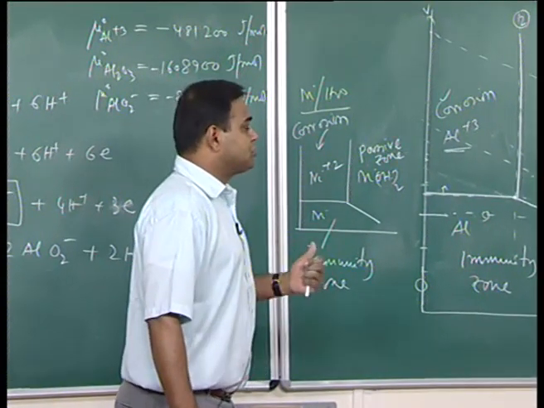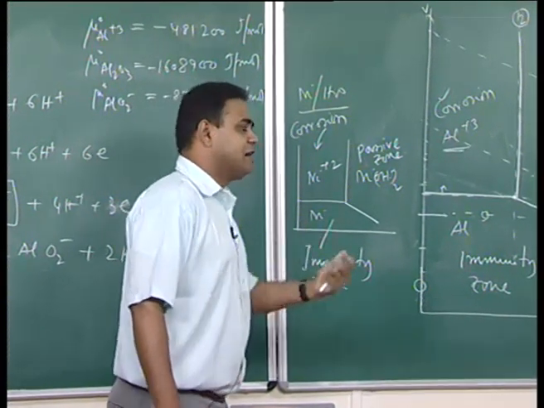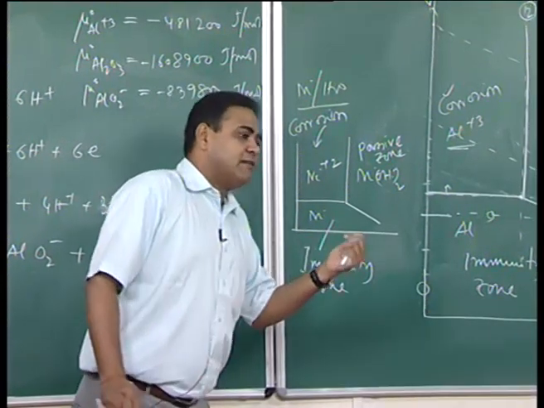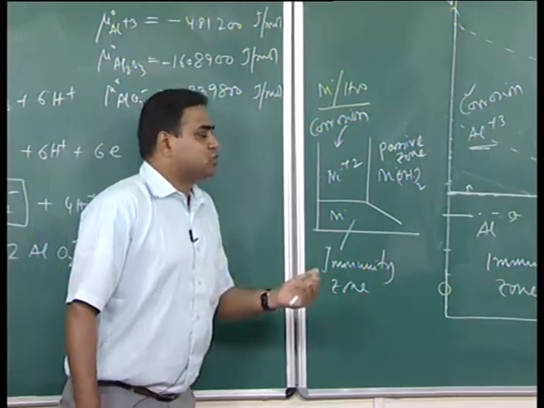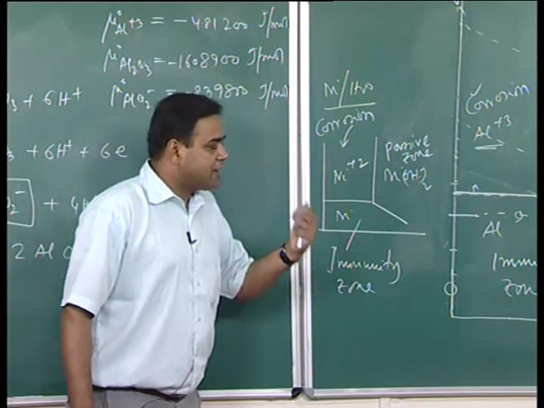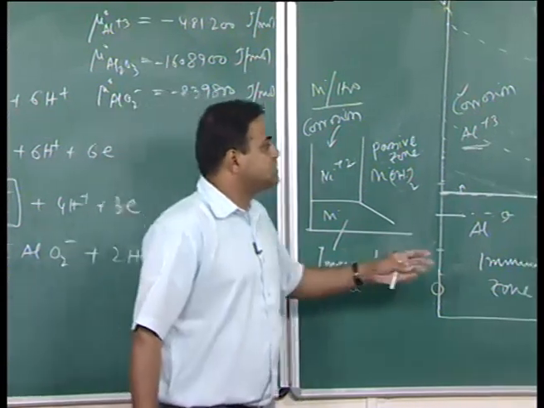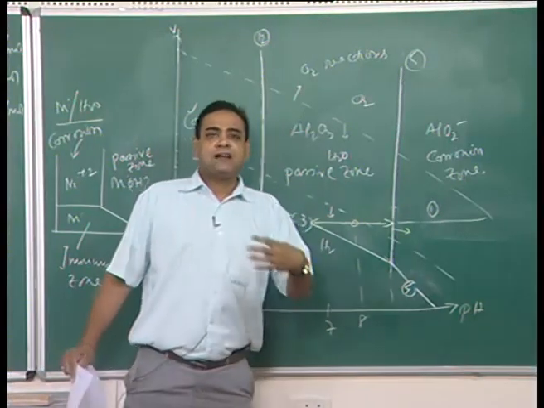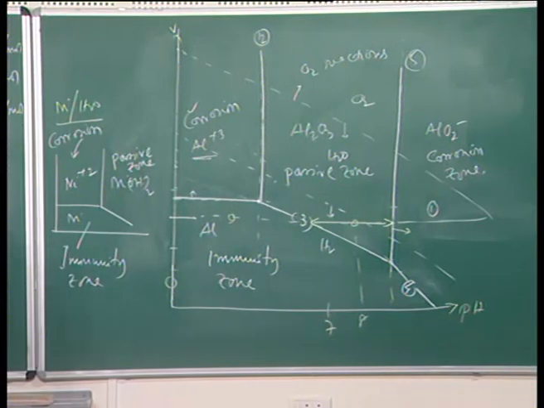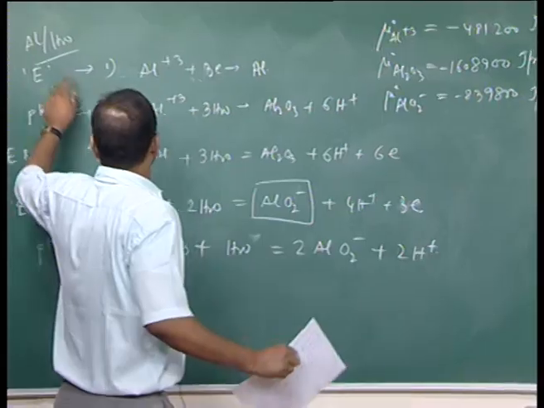So it is also not always true that a higher pH value gives lower corrosion or a passive zone. You can also experience a corrosion zone if at higher pH value you form a complex ion. It depends on what ions you experience in a particular system.